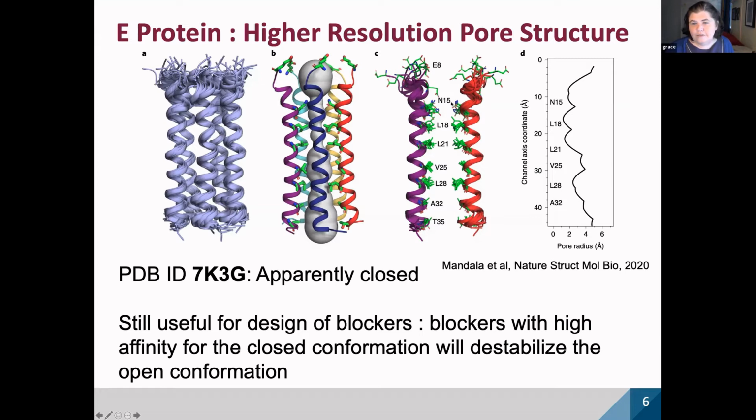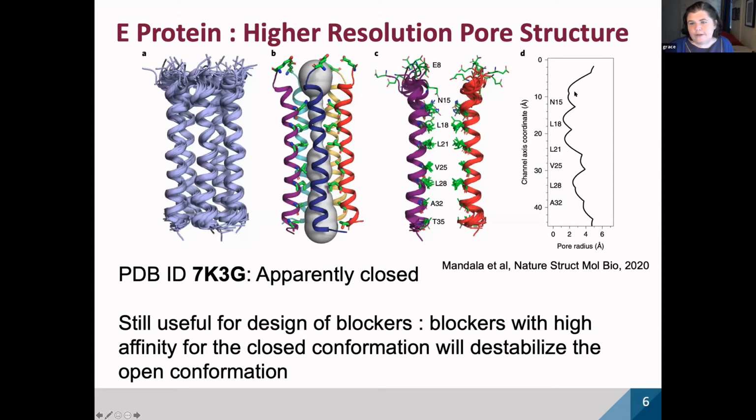And in general, these constrictions are hydrophobic as well. So the ion will have to go through the hydrophobic constriction, or hydrophobic gate, as we sometimes call it in ion channels, without any water around it because it's so small. And it will also be interacting with hydrophobic residues, which is going to be pretty unfavorable.